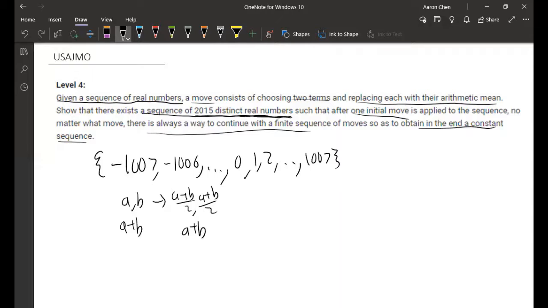And so since the sum is always constant, we know that the initial sum is 0. And so the average is also 0. And this remains constant throughout the entire process because the number of elements remains constant, as well as the sum of all of the numbers.